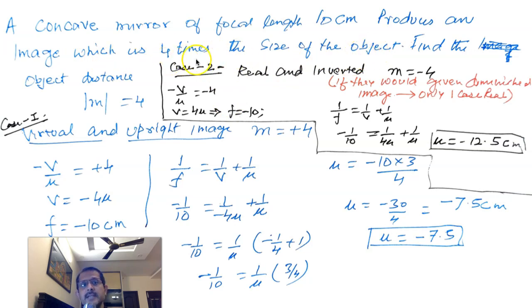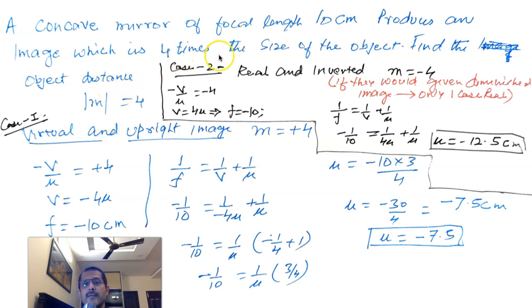So see, it says 4 times the size of the object, right? It can be plus 4 or minus 4 as well. So basically you can say that the mod of magnification is equal to 4. Let's go ahead and read the question: find the object distance.